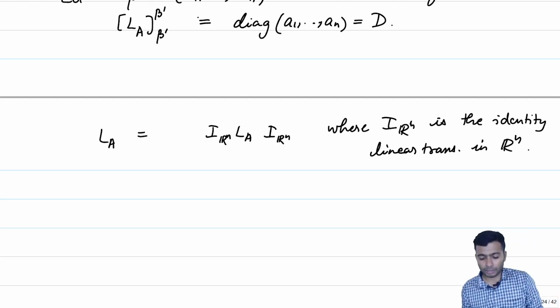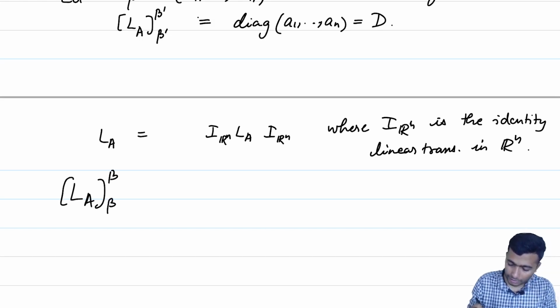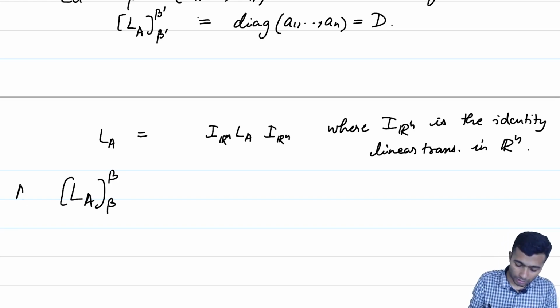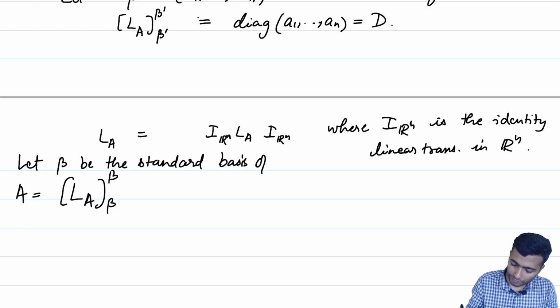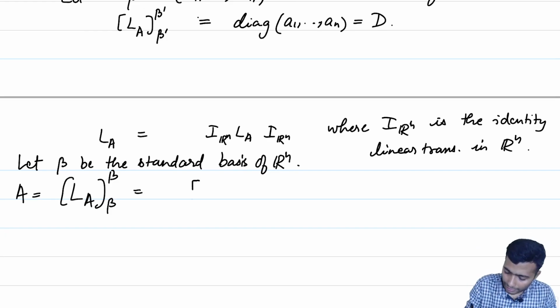And now let us look at the matrix of LA with respect to beta, where beta is the standard basis. By definition, this is nothing but A. But let us write it as the matrix of I composed with LA composed with I from beta to beta.